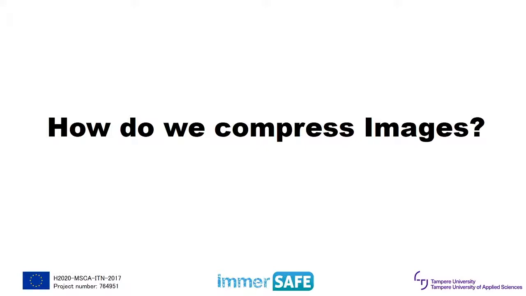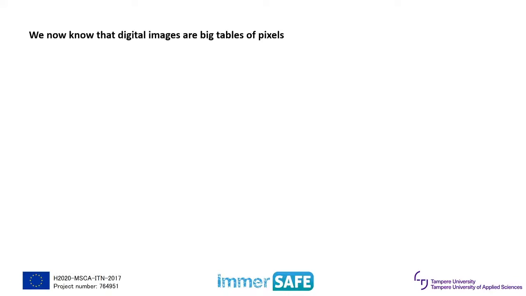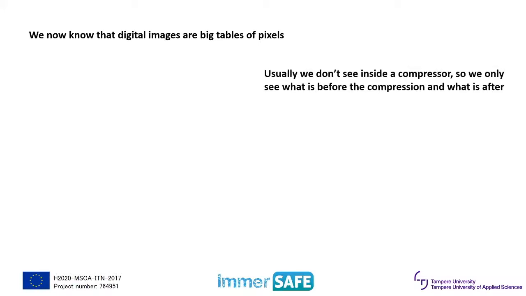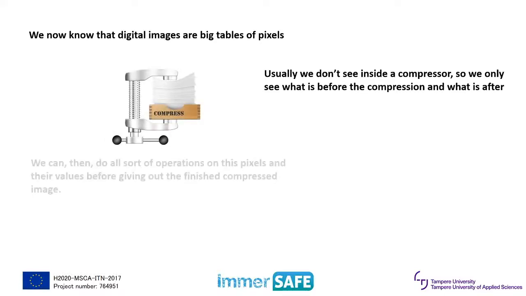So now the most important question: how do we compress images? So we know now that digital images are big tables of pixels, and we also know that usually we don't see inside a compressor because the computer does everything. So we only see what is before the compression and what is after.